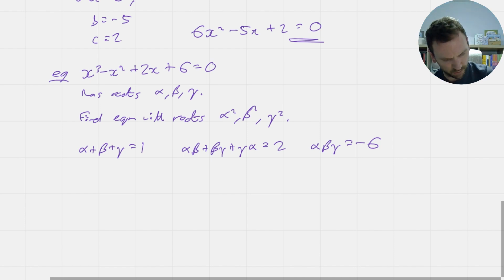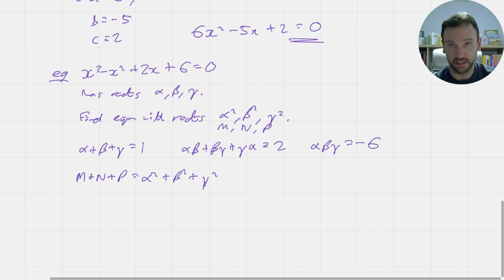From there, we want to think about our new roots, which I'm going to call m, n, and p, just so I can write the sum of our roots here. I actually want to find alpha squared plus beta squared plus gamma squared. This is not obvious what to do now. We can get this by doing alpha plus beta plus gamma all squared, and at this point you might need to go away and do that expansion.